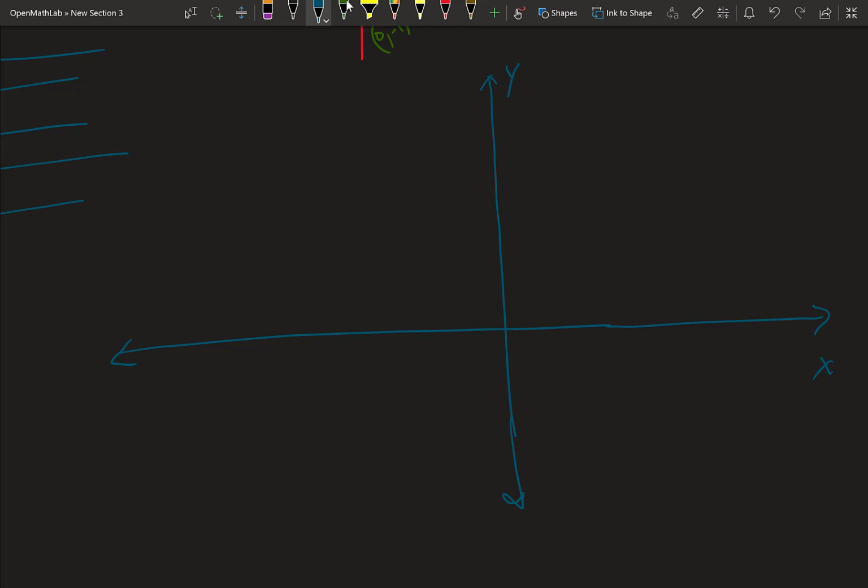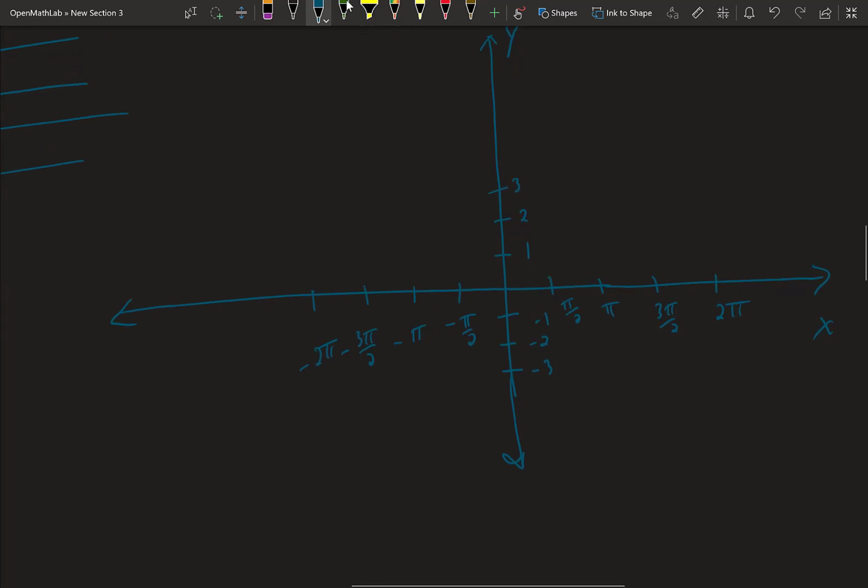So we'll go up by 1s on the y, and then go up by pi over 2 on the x-axis. Right, so then we can begin plotting some points, right?